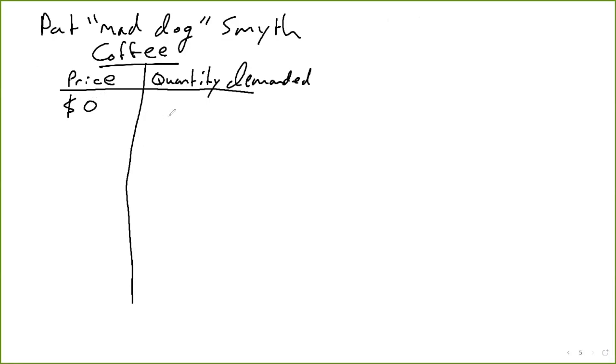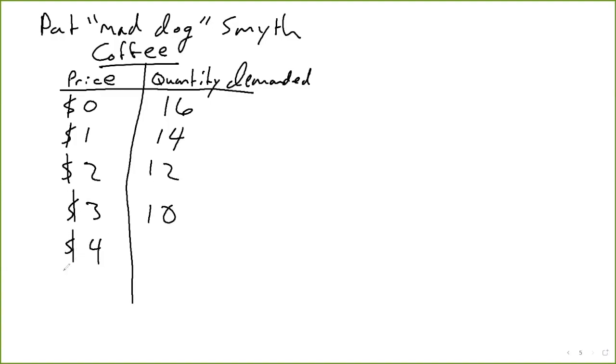So at $0, let's say they buy 16 coffees, a real Mad Dog. And then when the price goes to $1, maybe only 14, $2, 12, $3, 10. Let's go $4, $5, and $6, and say buys 8, 6, and 4.